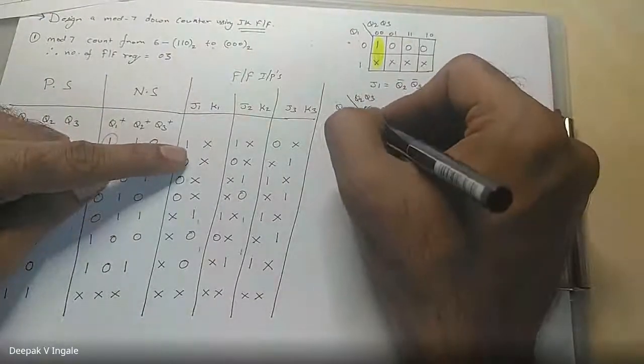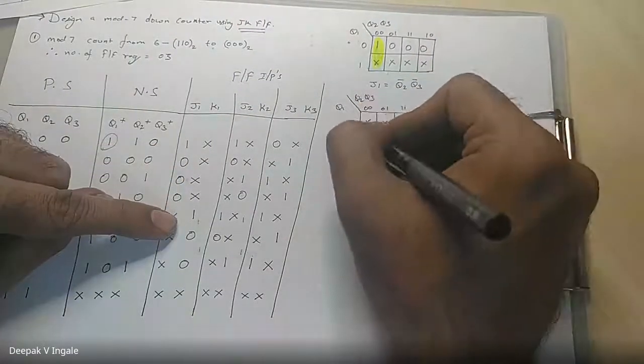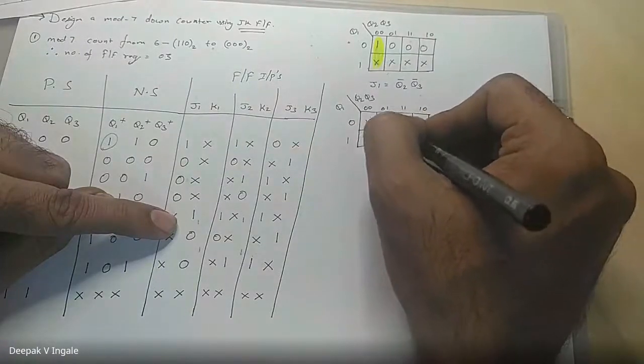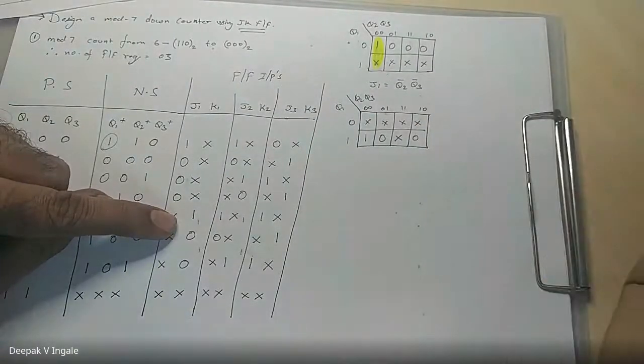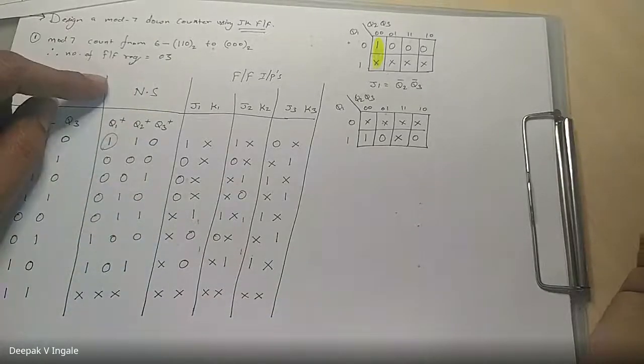So I'm writing for K1, 4x, 1, 0, 0, x. Correct? Yes, sir.